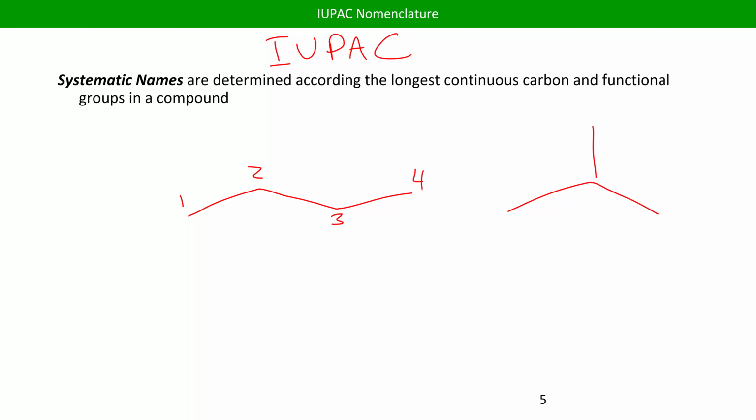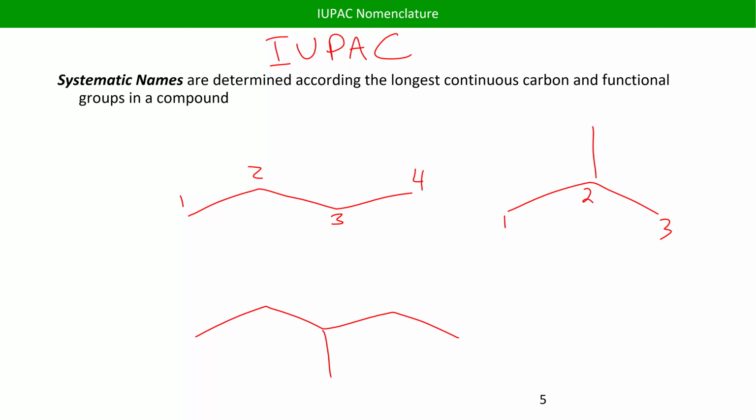Our longest continuous carbon chain here is not 4, even though there's 4 carbons. It's 3 because you went from one end of the chain to the other. And even if we counted the other direction, it's still 3. So we always want to choose which direction we're counting based on which direction is going to give us the longest continuous carbon chain.